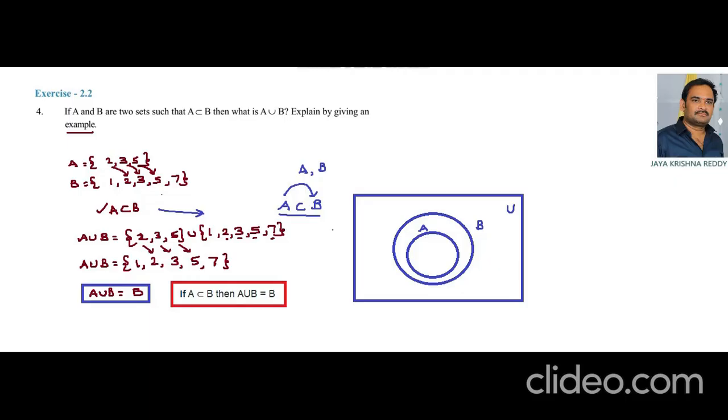Now the elements of set A are 2, 3 and 5. What are the remaining elements of set B other than 2, 3, 5? The elements are 1 and 7.